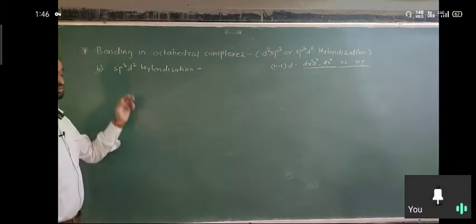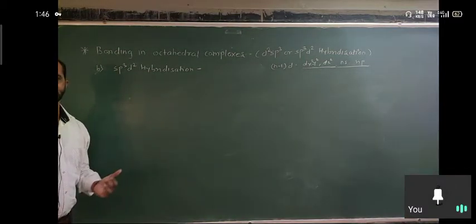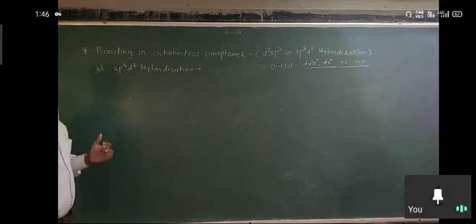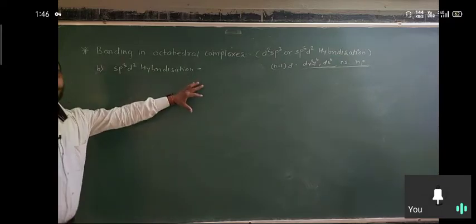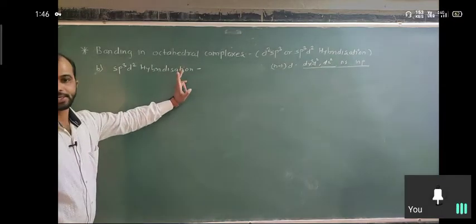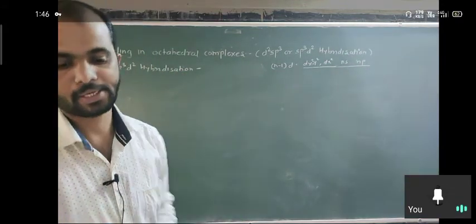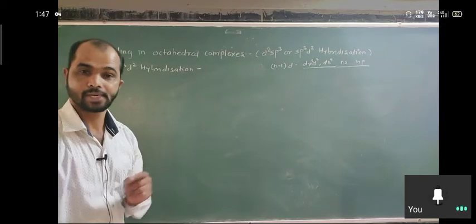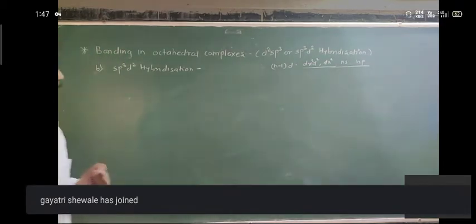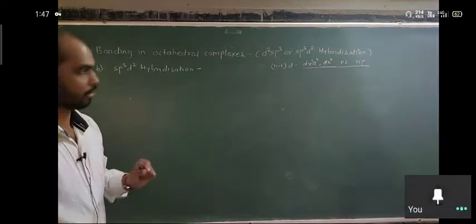That means we use the next empty d orbital, the nth d orbital. So here these are the outer d orbital complexes. Again there are 2 orbitals which are used here, and the 2 orbitals are again the same: dx2-y2 and dz2. Both are used, but the difference is here.